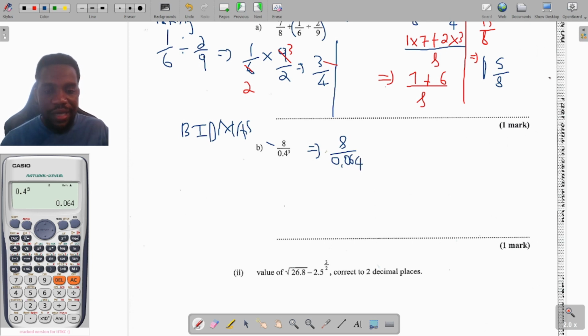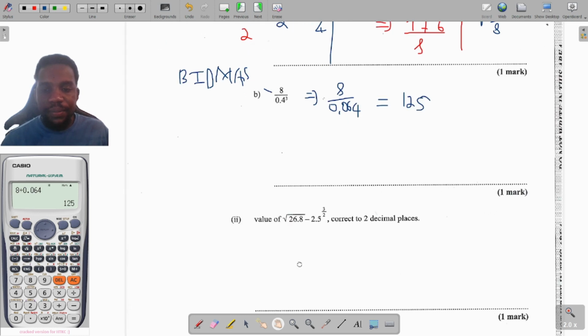Now going back to my calculator again, I can say 8 divided by 0.064, which turns out to be 125. So this is equal to 125. I could also put the entire thing in the calculator, but as I say, we can do it step by step.